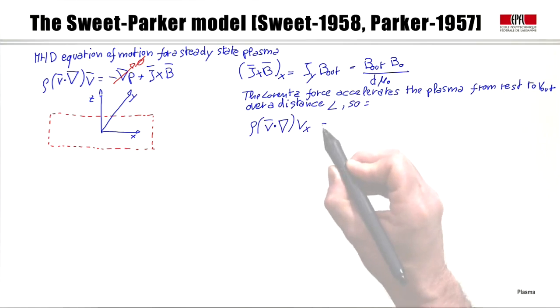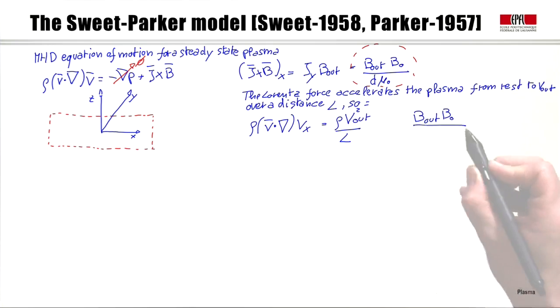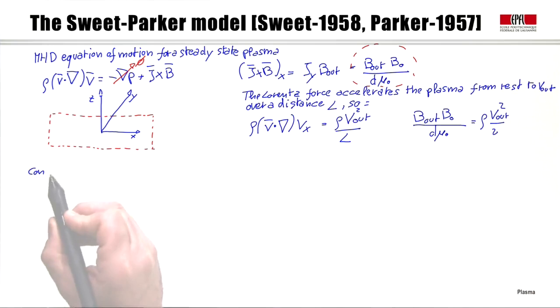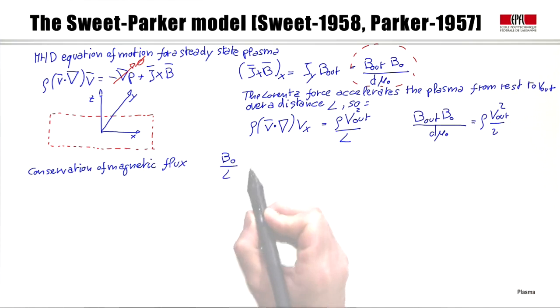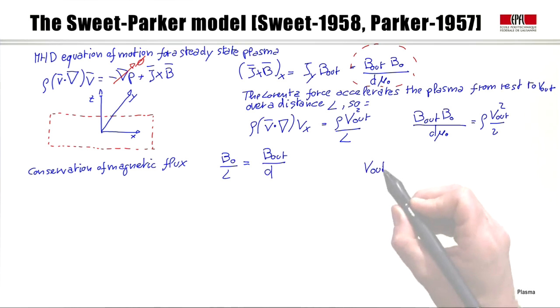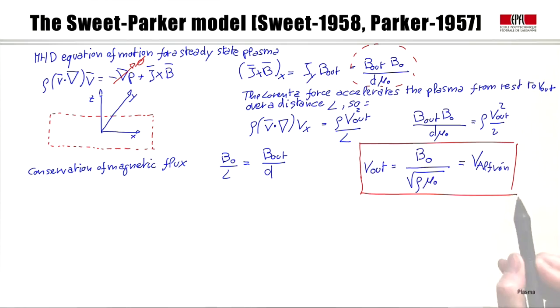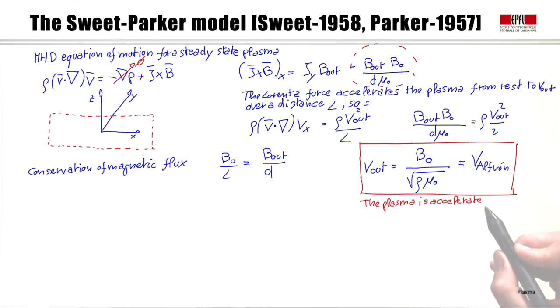So we can write, using the previous expression, we can obtain, now, using the conservation of the magnetic flux, we can obtain this simple expression, which allows us to compute the outflow plasma velocity. And by recalling the definition of the Alfvén speed, we obtain this important result that the plasma is accelerated at the Alfvén speed by the reconnection process.